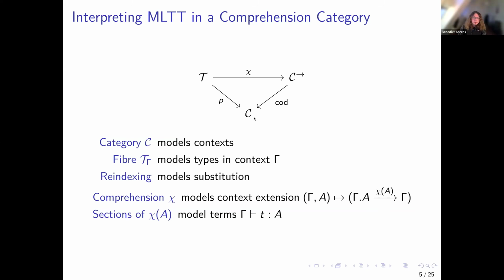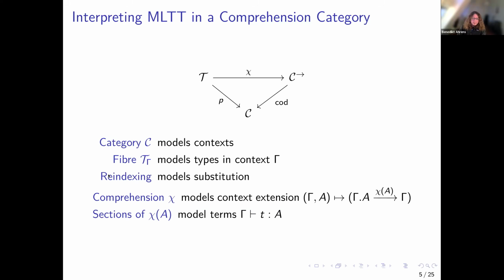Now let's think about how a comprehension category models Martin-Löf type theory. Well, the category C down here models contexts. And this category T here, say the fiber of P over an object, a context Γ, we think of as the types in context Γ.